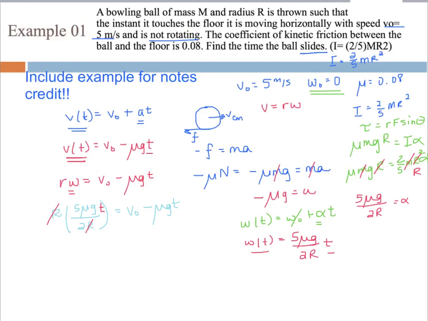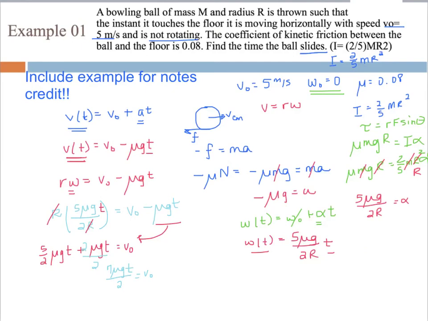From here to the end, it's really just combining our t's and getting them by themselves. So I can move this piece over to the other side. Find a common denominator. This simplifies down to 7 mu gt over 2 is equal to v naught.